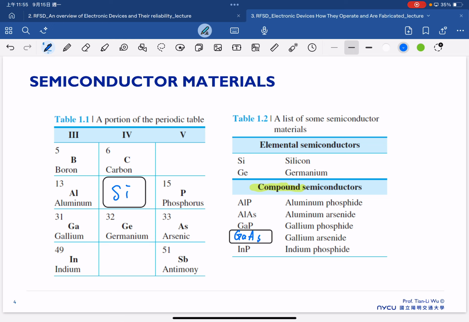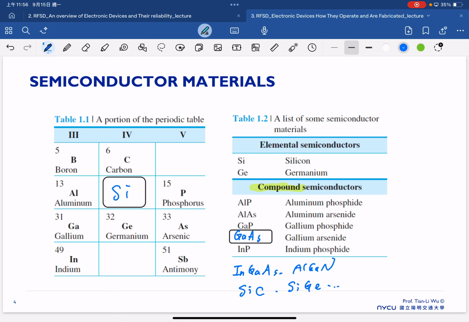And we also have other compound semiconductors, for example, indium gallium arsenide, aluminum gallium nitride, silicon carbide, and so on, or silicon germanium. These are nowadays very important compound semiconductors.